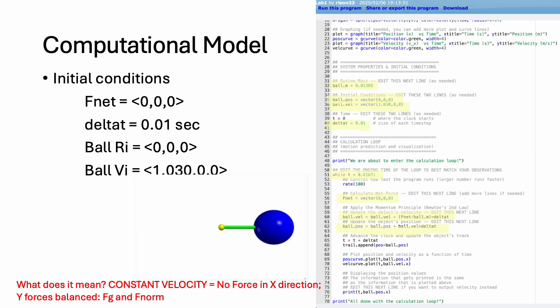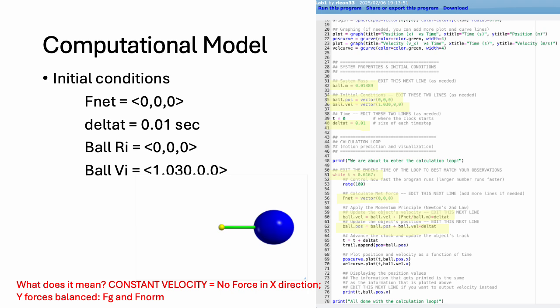F net has been set to 0, and then the velocity update has been set to reflect the velocity update equation from Newton's second law, as well as the ball position update. So we're using the velocity to update the position, and velocity should remain constant as there is no applied force.